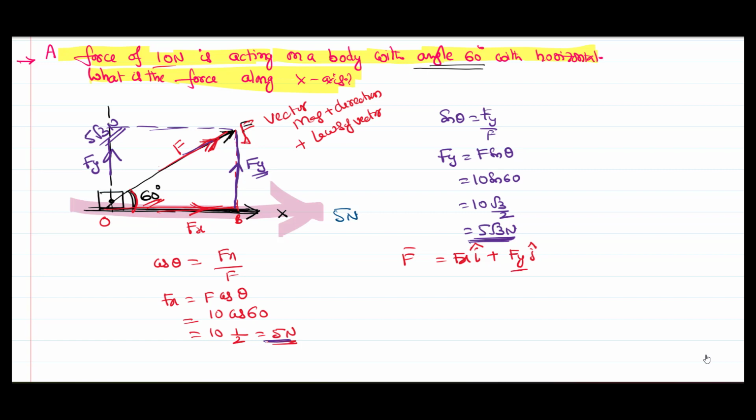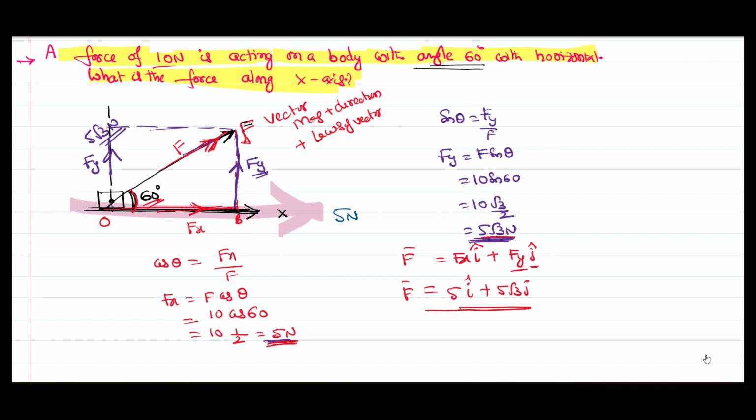And to say it is along the y-axis, I will multiply with j cap, which is a unit vector along the y-axis. We found Fx as 5 i cap. We found Fy as 5 root 3 j cap. So that 10 Newton making an angle 60 degree with the x-axis can be resolved as 5 and 5 root 3 along the x-axis and y-axis.